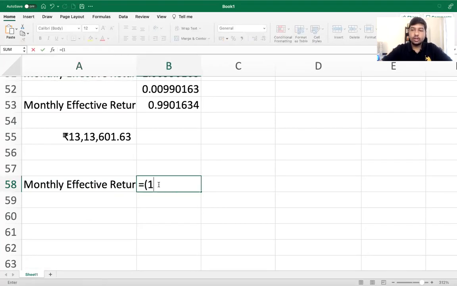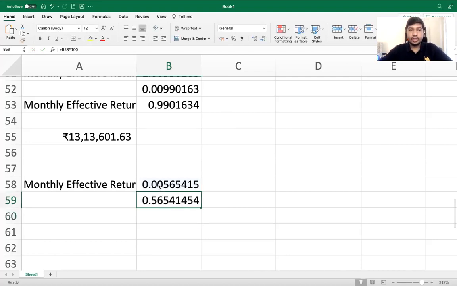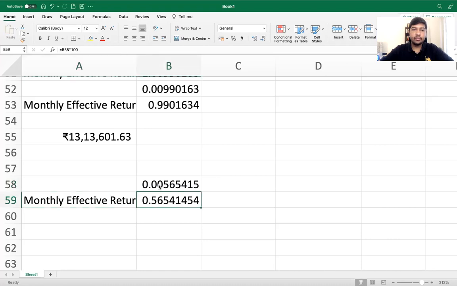It is 1 plus 7% divided by 100% raised to 1 by 12 minus 1, and this into 100. So the monthly effective rate comes to 0.56%. Okay, this is the monthly effective rate.